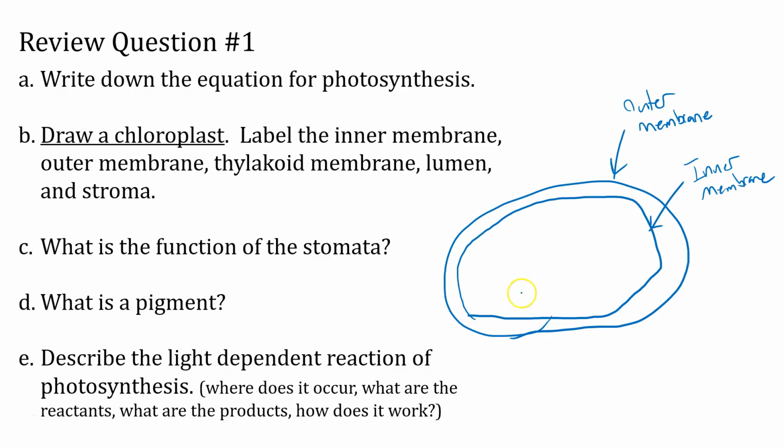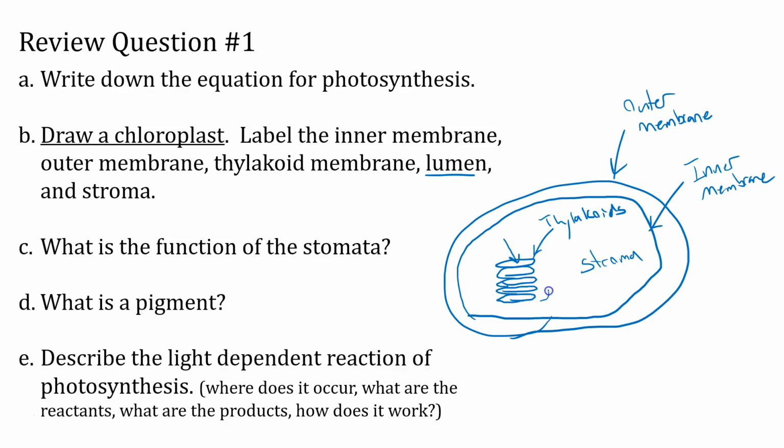There are these little discs called thylakoids. And there's a bunch of fluid in here that's not part of the discs, and that is called the stroma. That's basically all of the rest of the space here, the fluid. And then the lumen would be the very inside of the thylakoid.